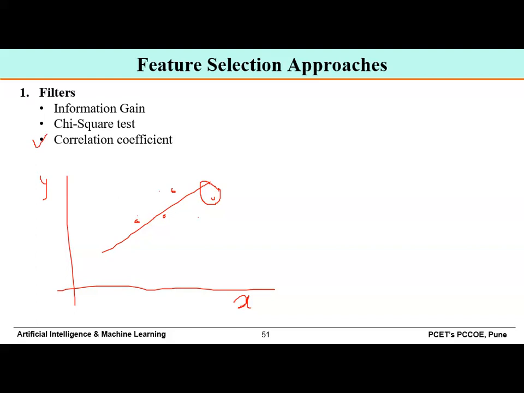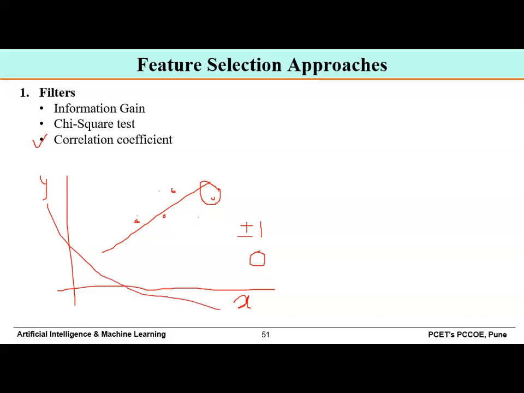We already studied that if the value of correlation coefficient is very close to plus 1 or minus 1, then we say that this is the best fitting, right? And if that value is close to 0, then we say the data is scattered and there is no relationship between the variables x and y.